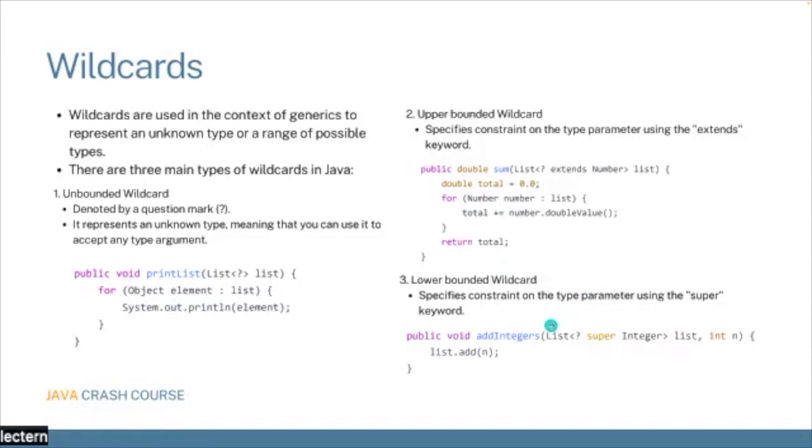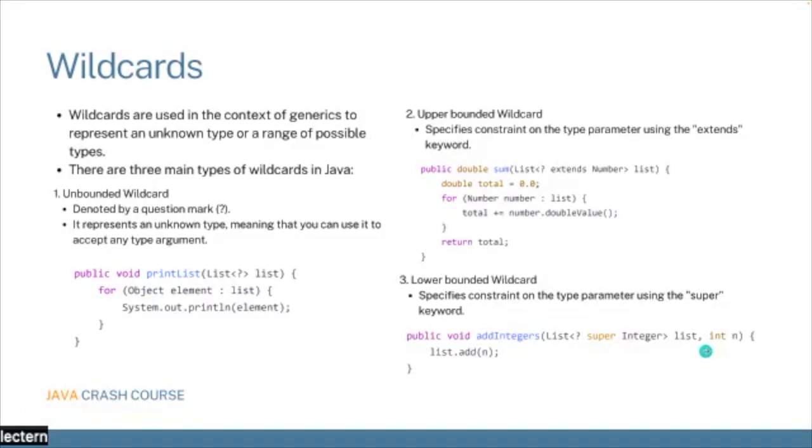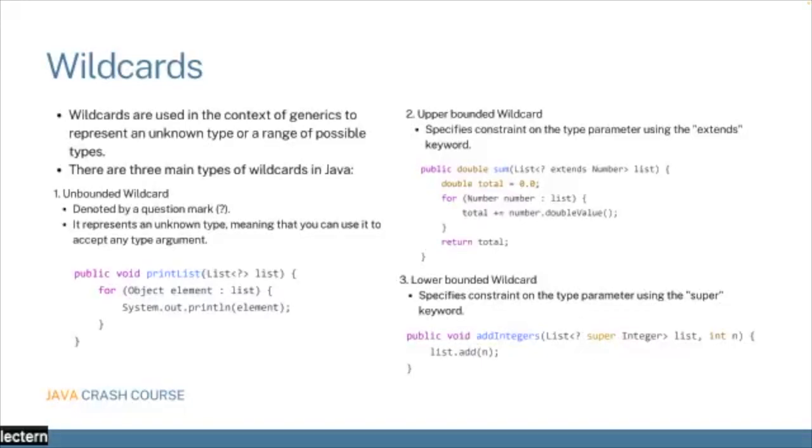For example, in here, List super Integer means that the parameter class of this list has to be some superclass of Integer, so it could be a Number list. And we just add an integer to that list. The point of lower bounding here is to make sure that we can actually add integers to it.